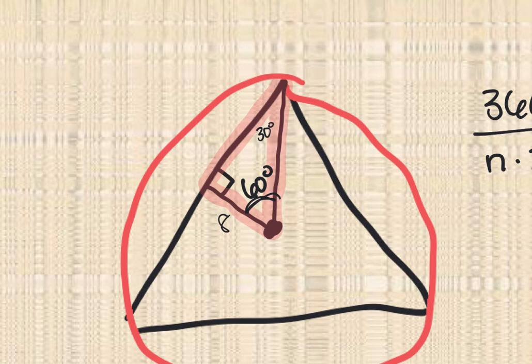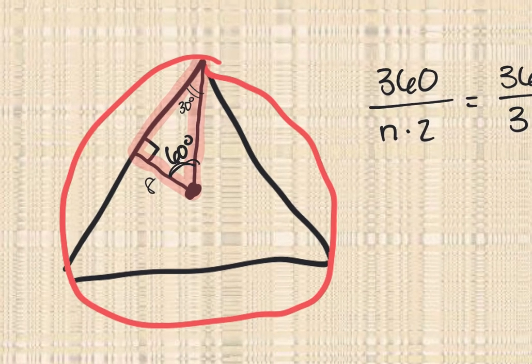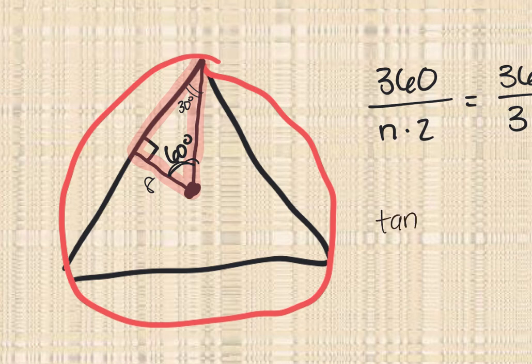Now, we used 30, 60, 90 on the last problem, right? You can use 30, 60, 90 again, but let's say you forgot what 30, 60, 90 is. You could also use tangent here, okay? So, let's say we want to do the tangent of 30 degrees, right? So look at the 30-degree angle, right?